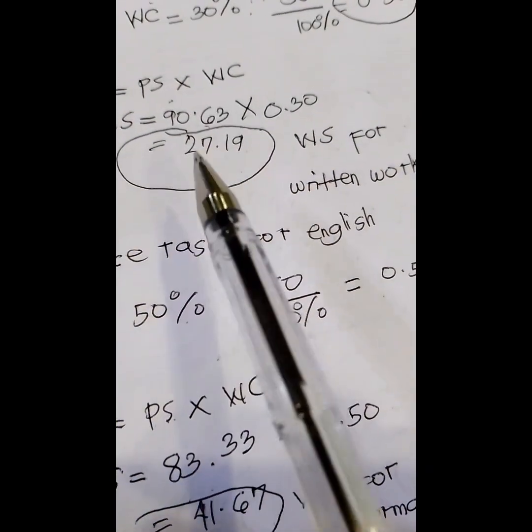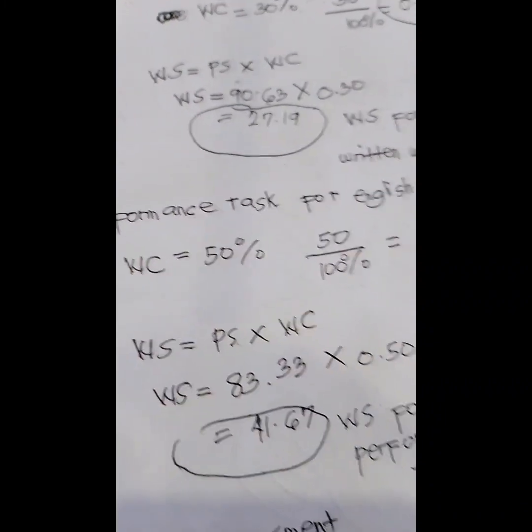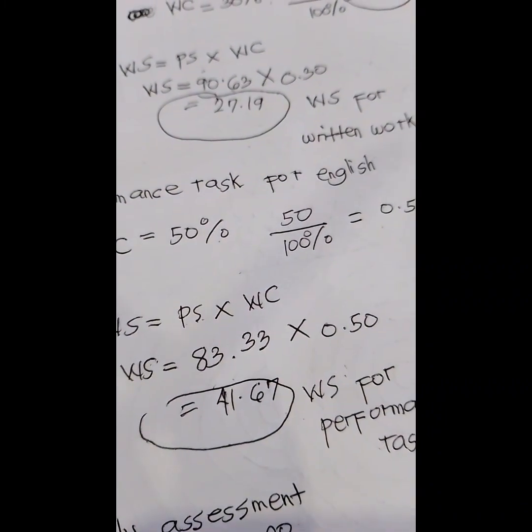So let's move on to step 4. Guys, for our step 4, we need to compute our initial grade. So initial, this is not yet the final grade of the learner. How do we get the initial grade?